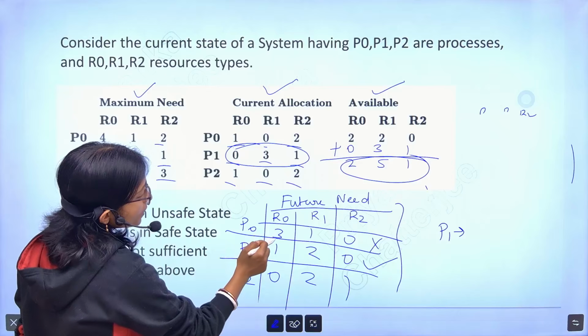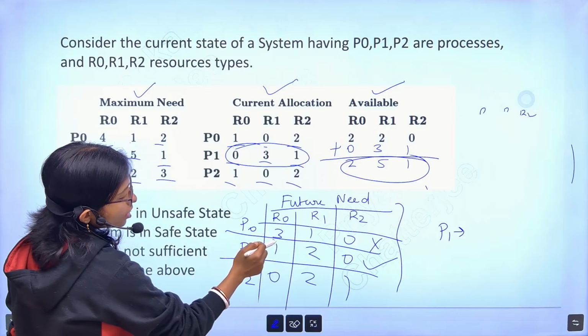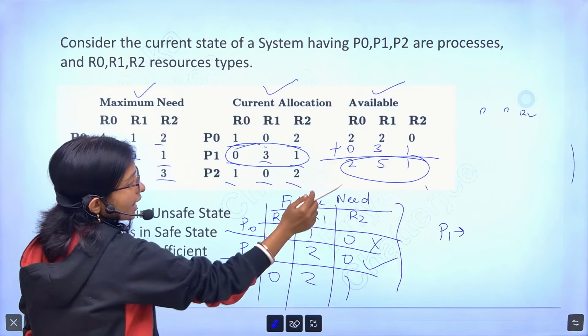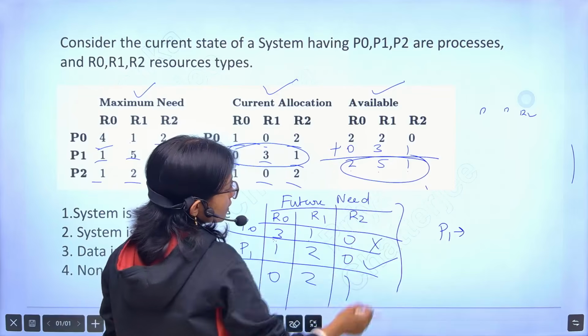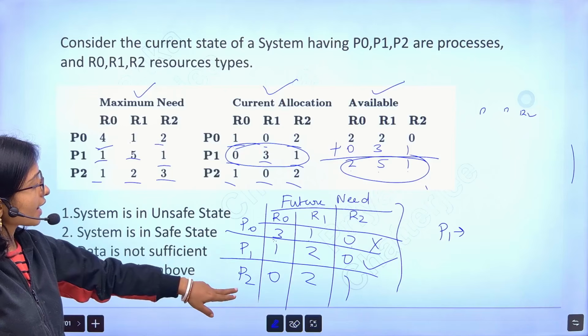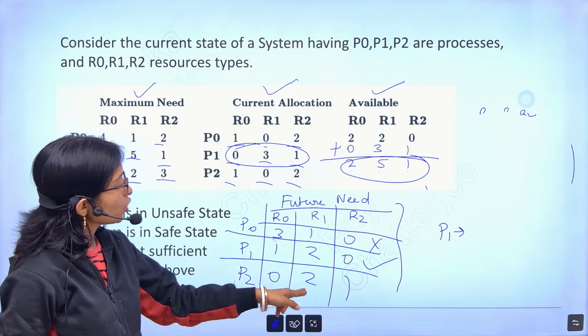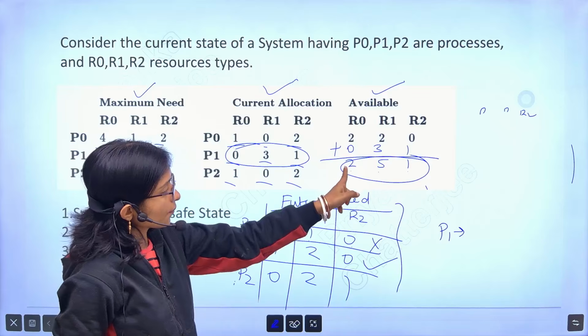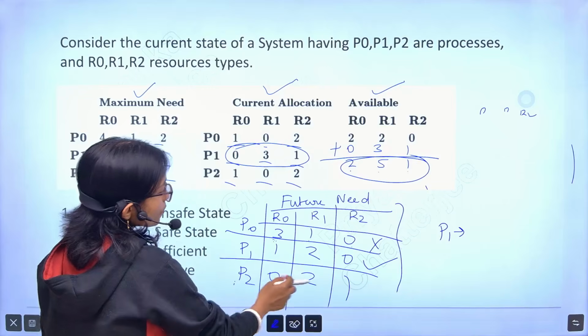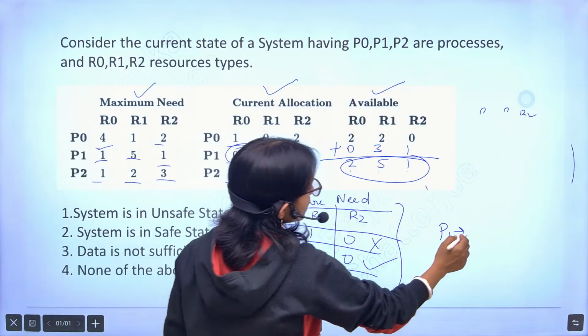See that P0 till now I cannot run because 310. I have 251. I cannot run P0. Right? Can I run P2? 021, I can, because here this is 251. I have this availability. That means I can run P2 now.